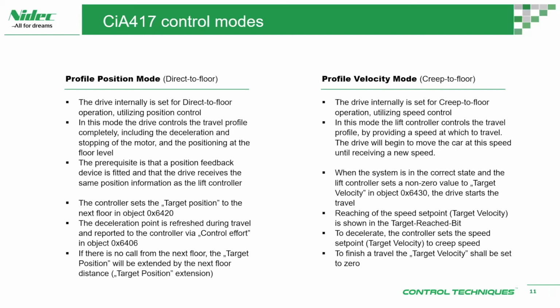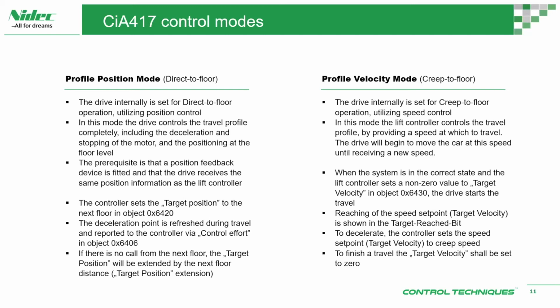With the profile position mode, which from the drive's perspective we refer to as direct to floor, this is a mode where the drive controls the travel profile, not the lift controller. And this includes the deceleration and stopping of the motor and positioning accurately to the floor level.